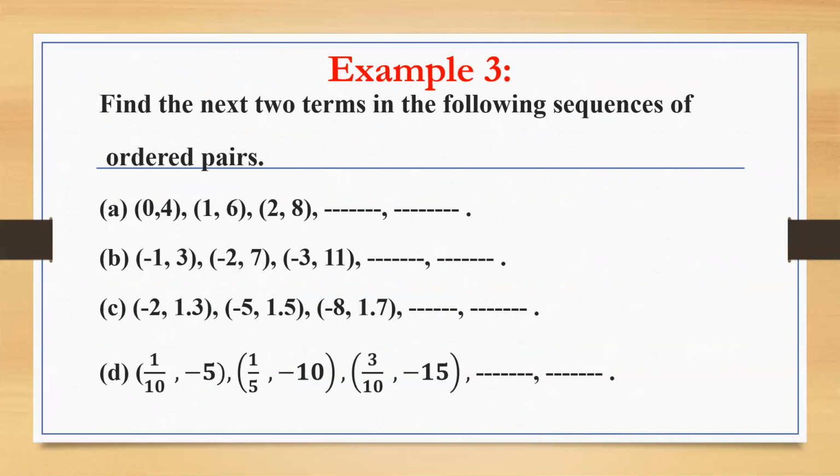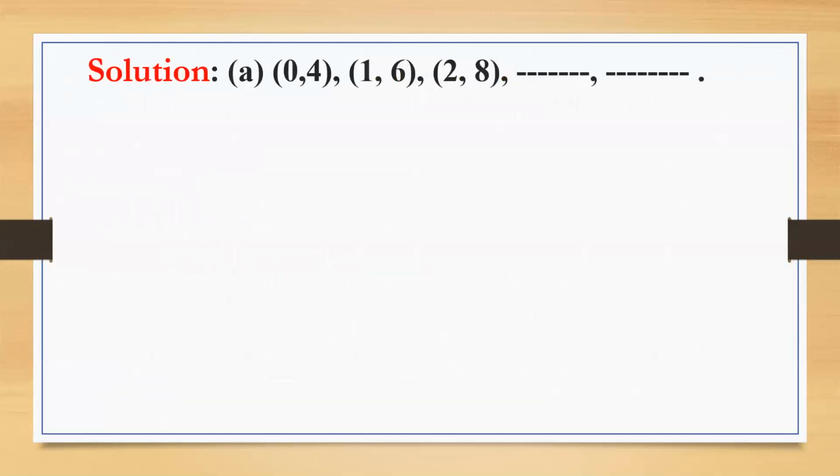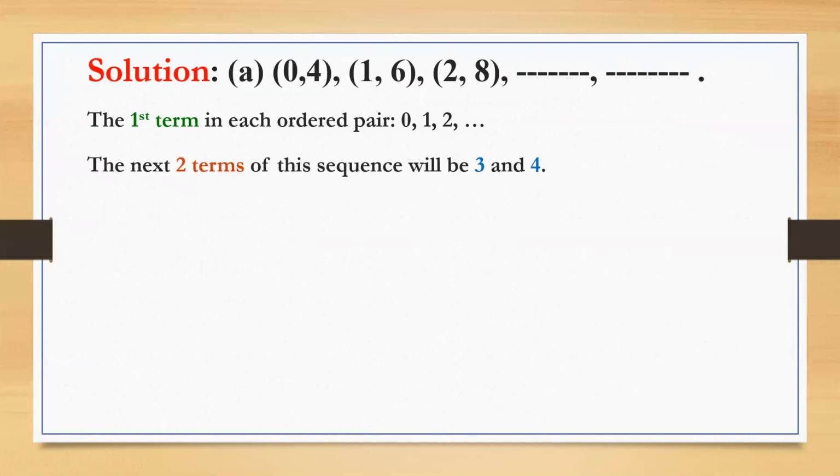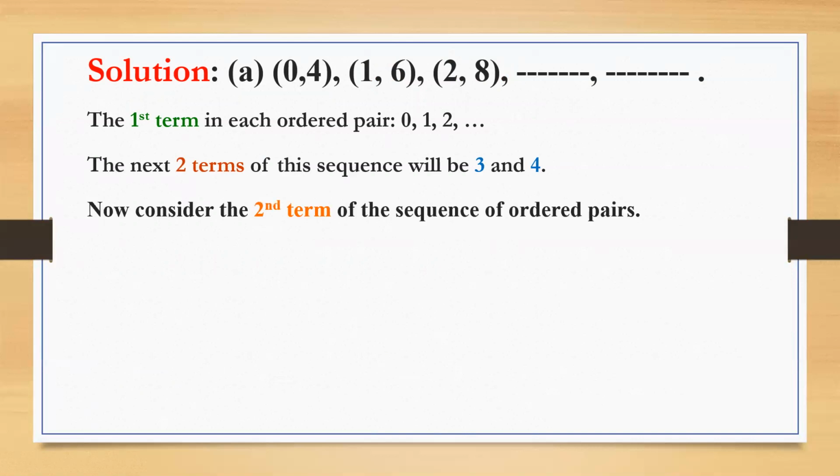We have an example here. Find the next two terms in the following sequences of ordered pairs. Part A: (0, 4), (1, 6), (2, 8). The first term in each ordered pair will be 0, 1, 2, so the next two terms will be 3 and 4. Now, the second terms are 4, 6, 8.